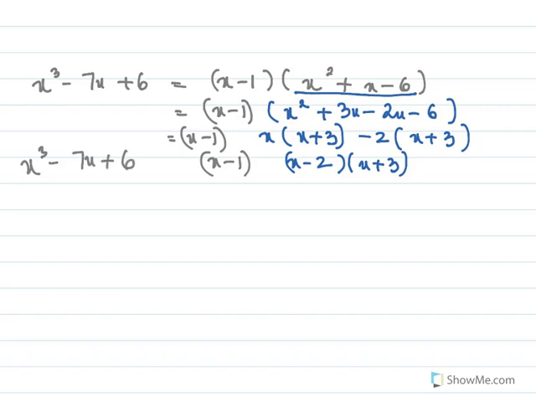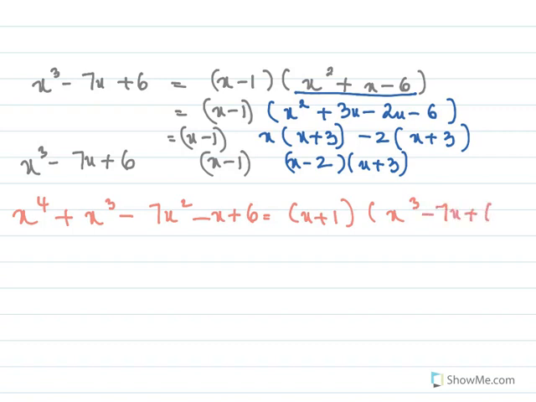Now let's go back to our polynomial that we had to factorize. And that polynomial was x to the 4 plus x cubed minus 7x square minus x plus 6. In the first step, we got the factors as x plus 1 into x cubed minus 7x plus 6.